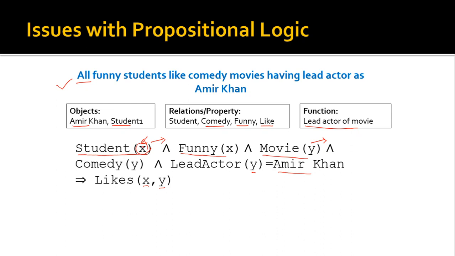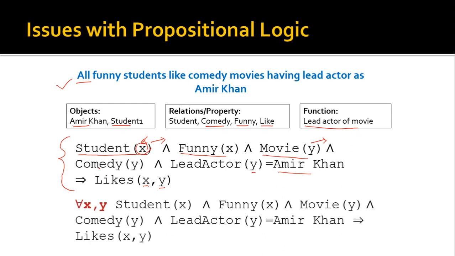And they will be explicitly stated, like student 1 is a student, or student 1 is funny or not, right? But with this, along with some other constructs, like here I am saying that, this is a symbol called for all.